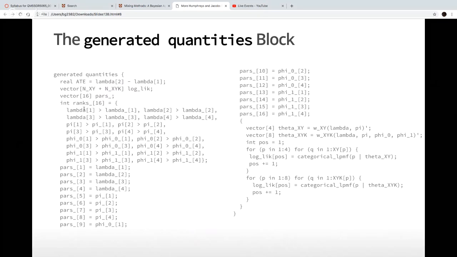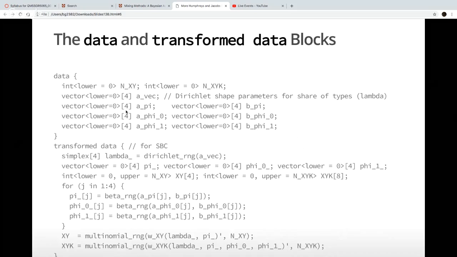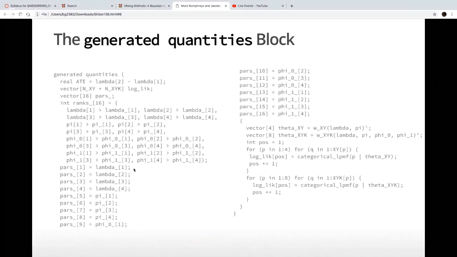And then finally, I declare an integer array, also of size 16 because I have 16 parameters in this particular case, where I go through and evaluate whether lambda_1, my realization from the posterior distribution, is greater than lambda_1_, my realization from the prior distribution. You might say, okay, lambda_1 should not be systematically more or systematically less than lambda_1_ if everything is going well.